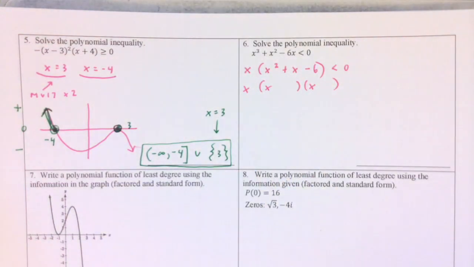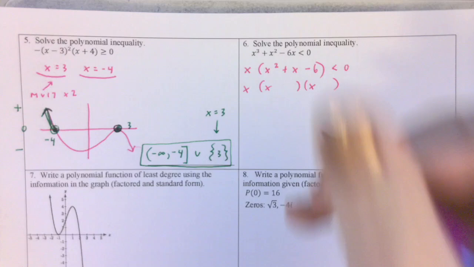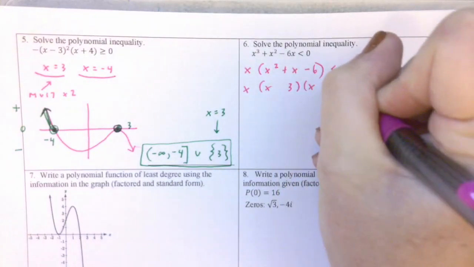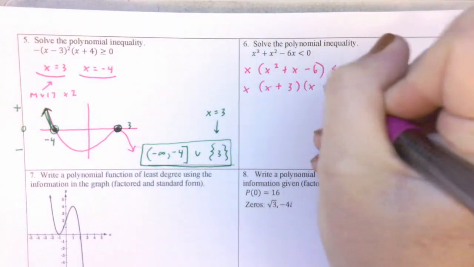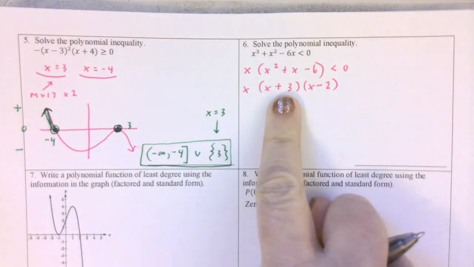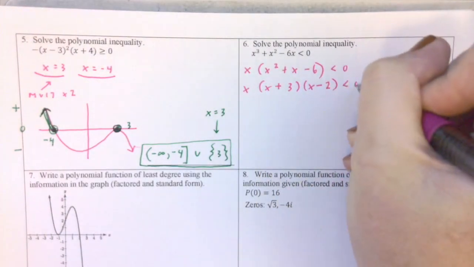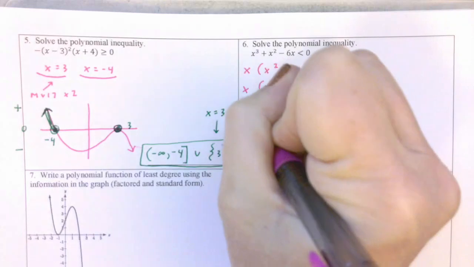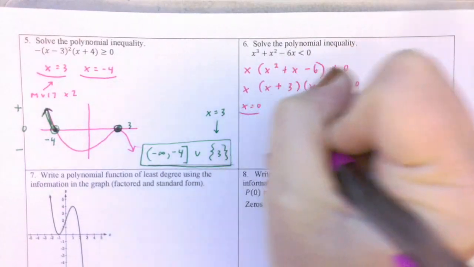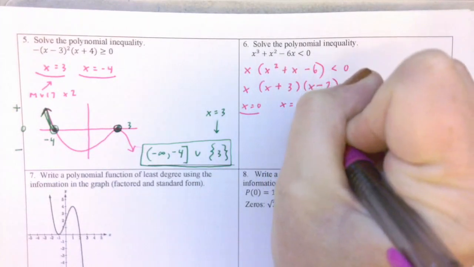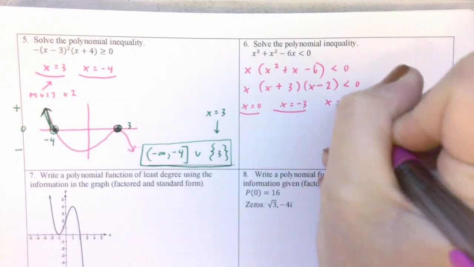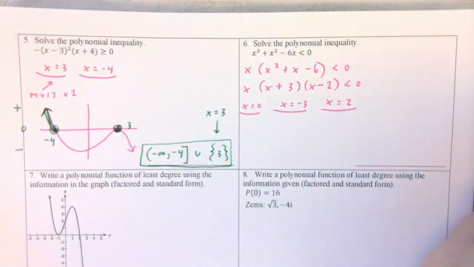What multiplies to -6 that adds to 1? Got to be a 3 and 2, where the 3 is positive, the 2 is negative. And then when we solve, we get x equals 0, x equals -3, x equals +2.